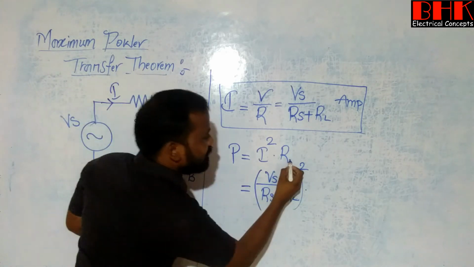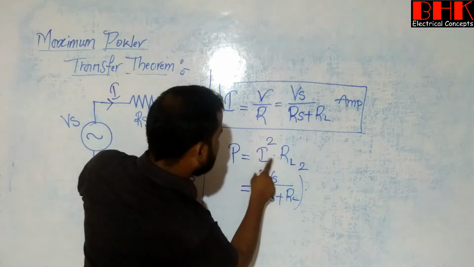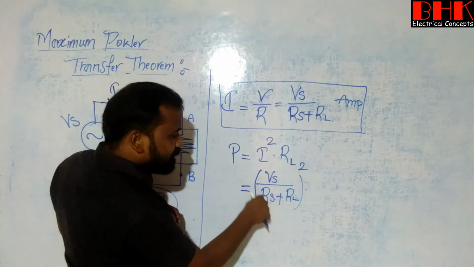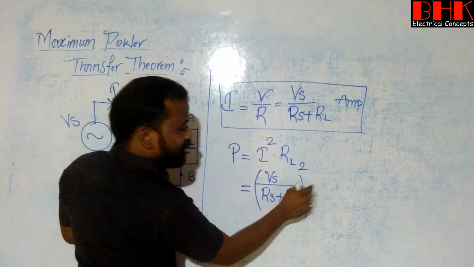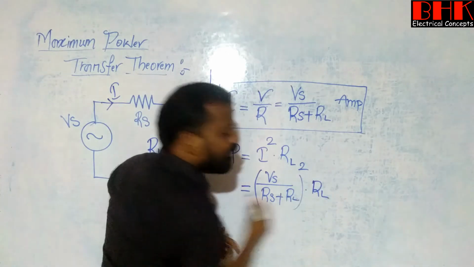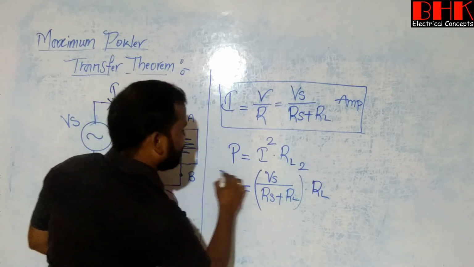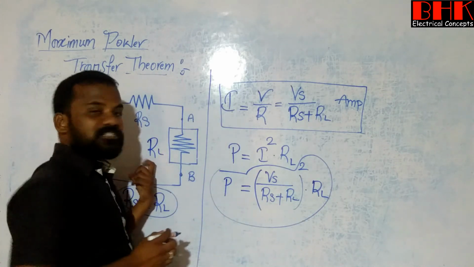That's why this resistance is always the load resistance, so I square into RL. So P is Vs divided by Rs plus RL whole square into RL. Clear? This is the expression of power from this particular circuit.